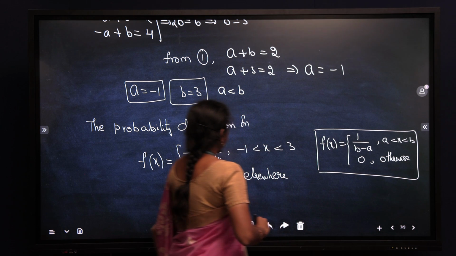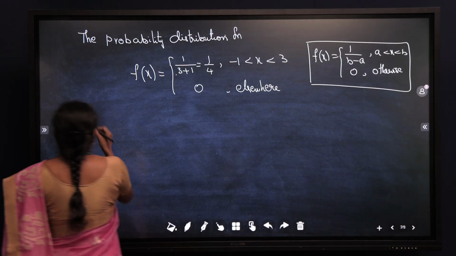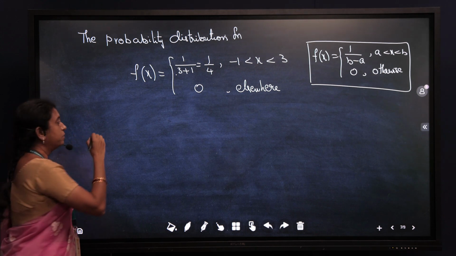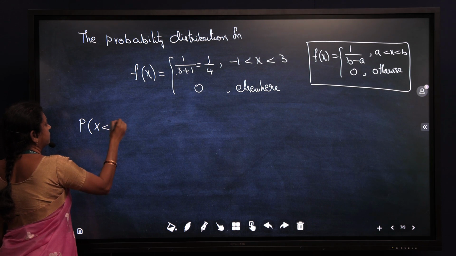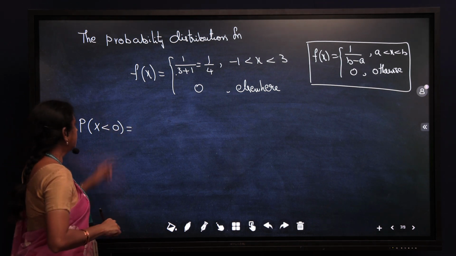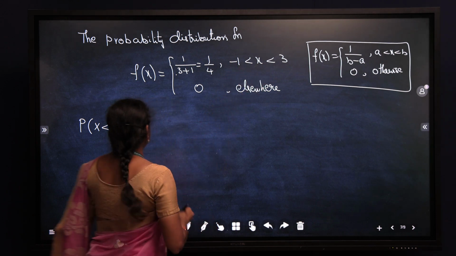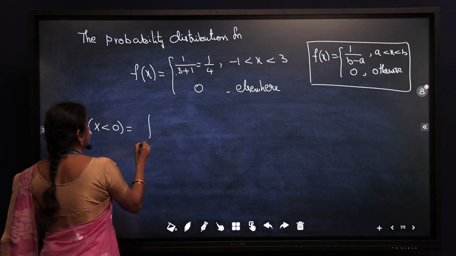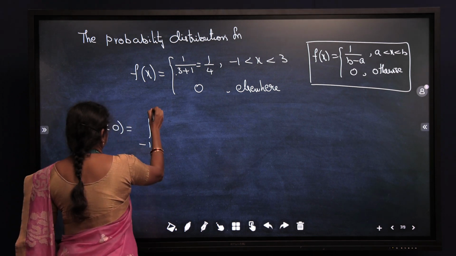Now after writing the distribution function we will find the probability of x less than 0. Now he asked you to find the probability of x less than 0. So when we see the interval, it is defined between minus 1 and 3. So what will be the limits? Less than 0 means the lower limit will be minus 1 and the upper limit will be 0.